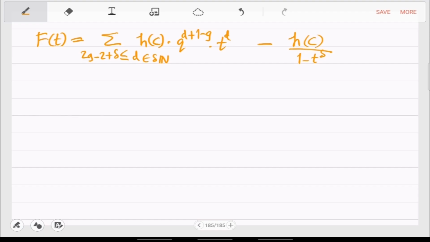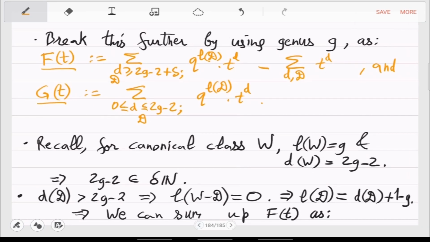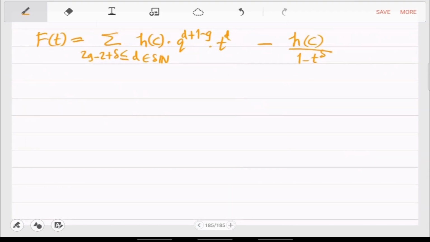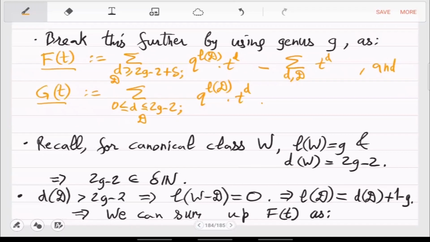Yeah, so we have counted the classes by putting this HC, and we have also used Riemann-Roch for high degree. So we have replaced L by d plus 1 minus g, and t raised to d stays. And what have we done with the second summand?